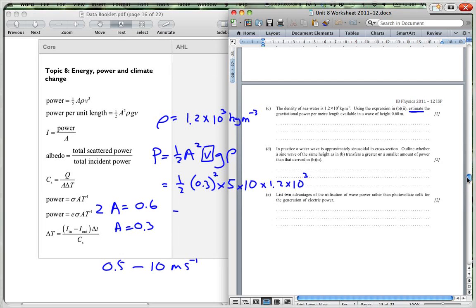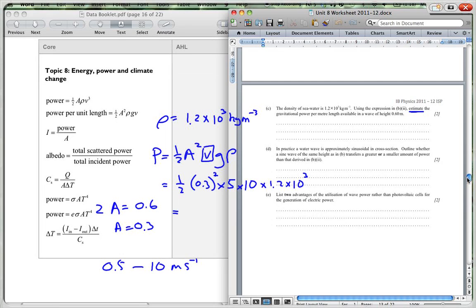And so when I put this into my calculator, I'm going to get 0.5 times 0.3 squared times 5 times 10 times 1.2 times 10 to the 3.